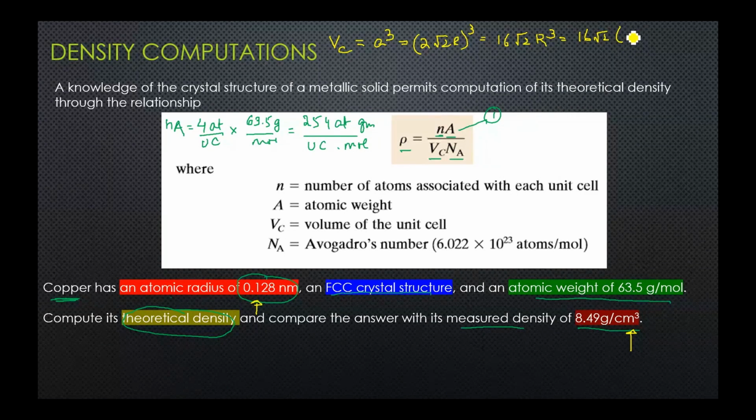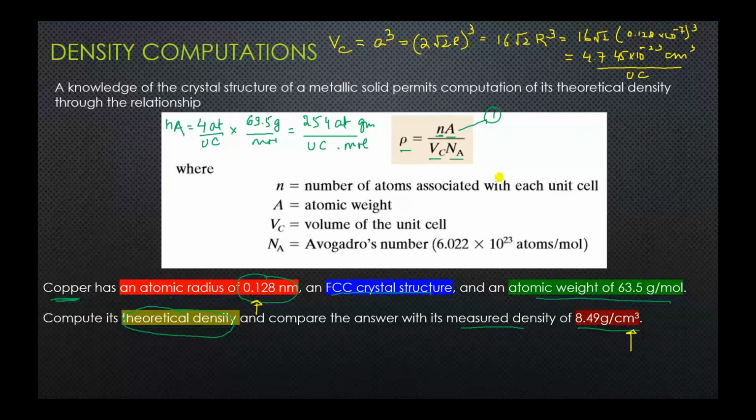So this would be 0.128 into 10 raised to power minus 7 centimeter, whole cube. This value comes out to be 4.745 into 10 raised to power minus 23 centimeter cube per unit cell. So this is the volume of a single unit cell of FCC copper.